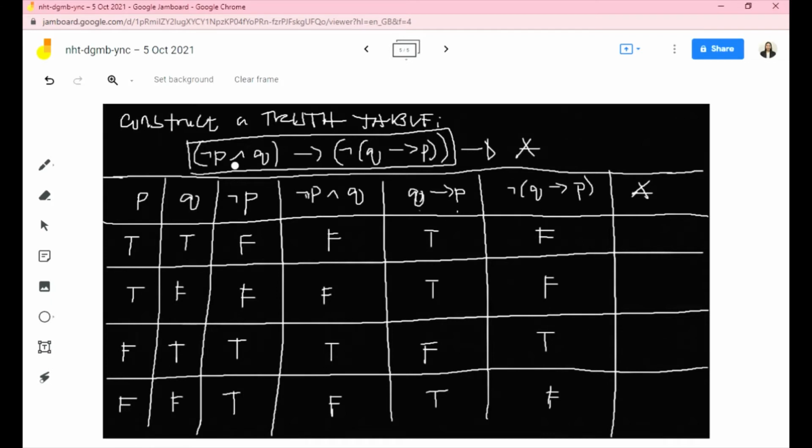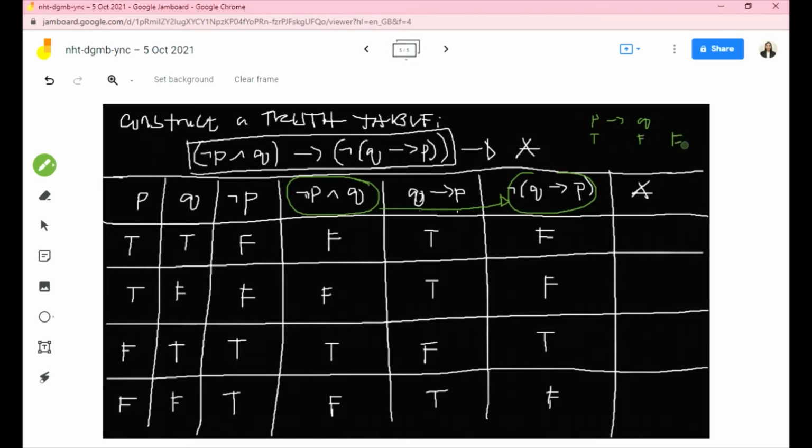Now we are down to our final statement. So we have not P and Q implies not Q implies P. So implication again, this can only be false if your first proposition, your antecedent, is true, but your consequent is false.